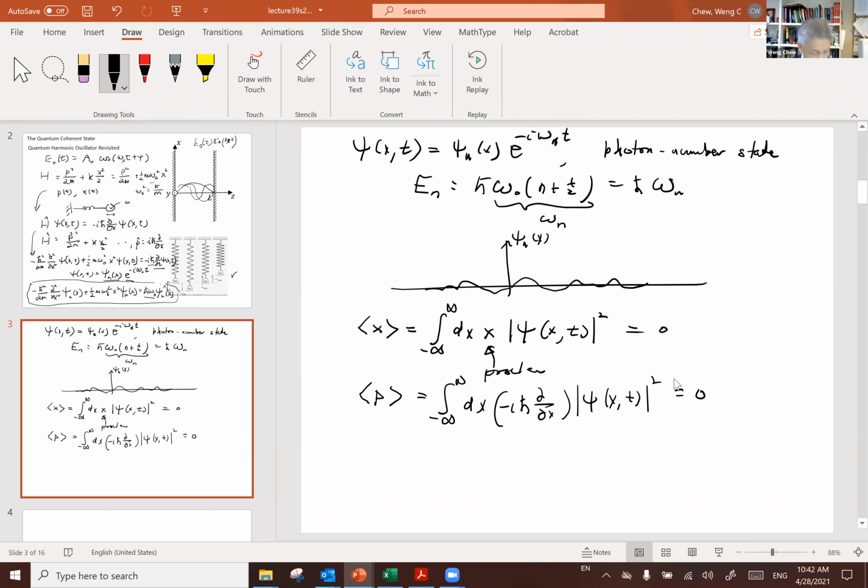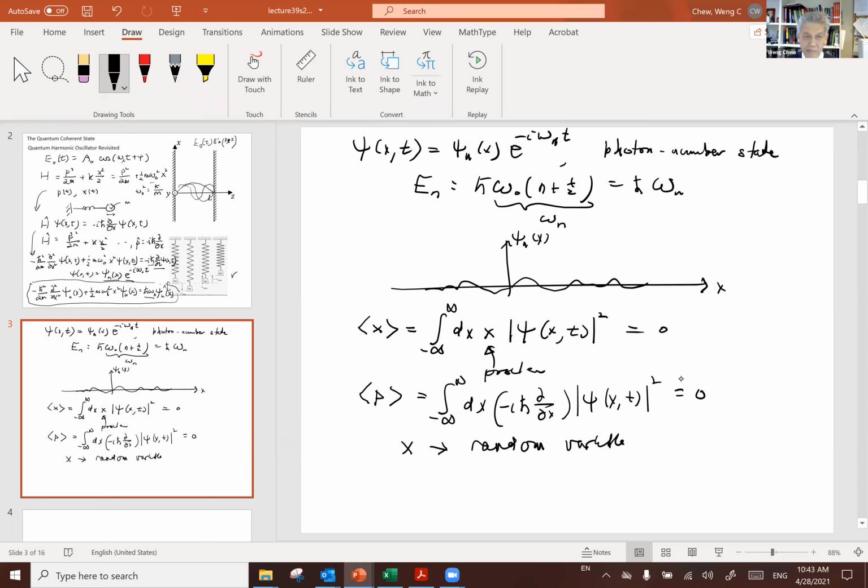So the expectation value of the momentum and the position are always 0. And in fact, x becomes a random variable in the quantum world. Okay, because x is uncertain. It can be any place on the real axis in this picture. And it cannot be described with certainty as to what the particle is. So that is not good.